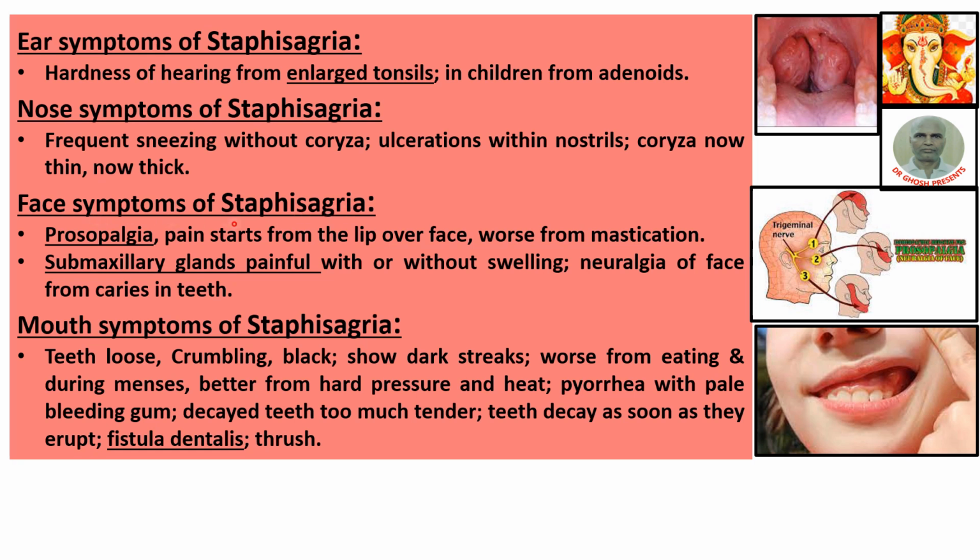Face symptoms of Staphisagria: prosopalgia. Pain starts from the lip over the face, worse from mastication. Prosopalgia is actually trigeminal nerve neuralgia. Trigeminal is one of the 12 cranial nerves. It has three parts. The first part supplies the frontal head and scalp portion.